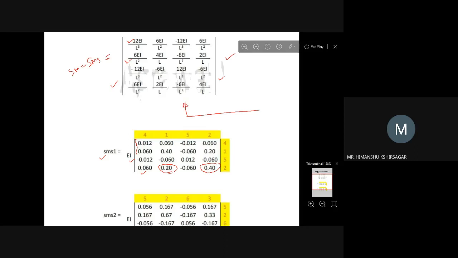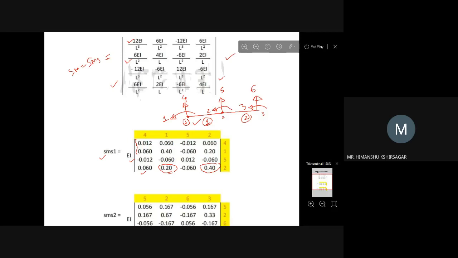This will be the skeleton diagram, and in this way we have given the numbering 1, 2, 3, 4, 5, 6, member 1, member 2. First we give the numbering to member 1: first to the left node, then to the right node. Keep in mind, first left node, then right node.